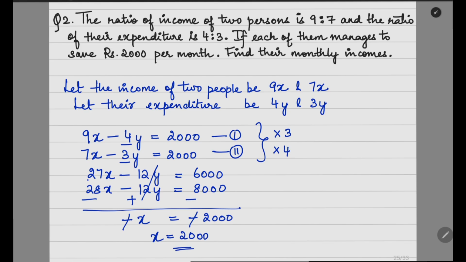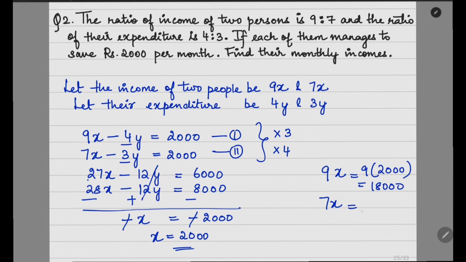So once you have found x, although it is not asked, if you wish to, you can calculate y by substituting in any one of the equations. But the final monthly incomes would be what? 9x and 7x respectively. So 9x, and 9 into x, which is 2000, is 18,000.